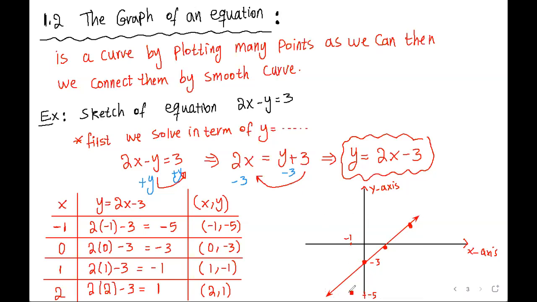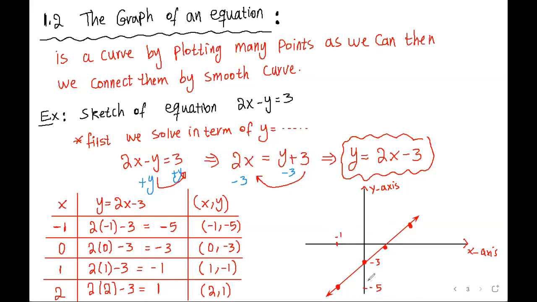Let me move this point a little bit, about here, and I erase this one. So this is, for example, my minus 1 and minus 5. So this is my graph for this equation.